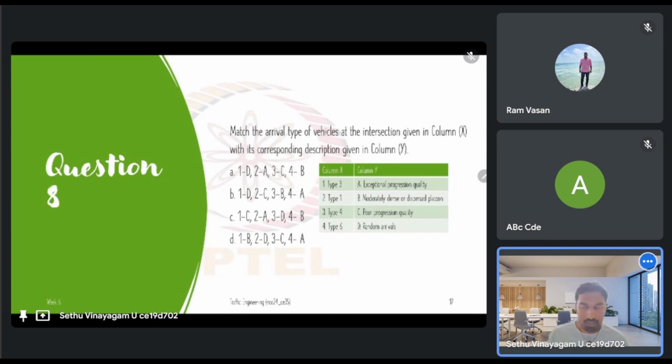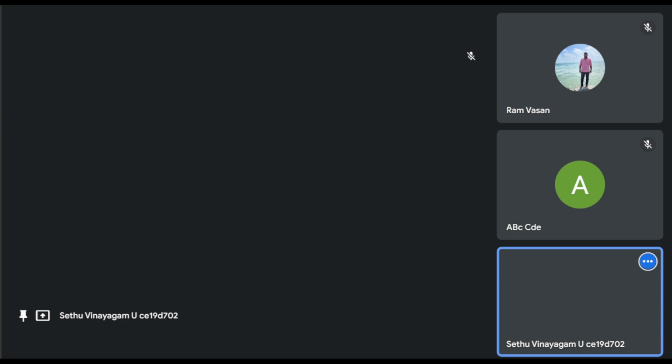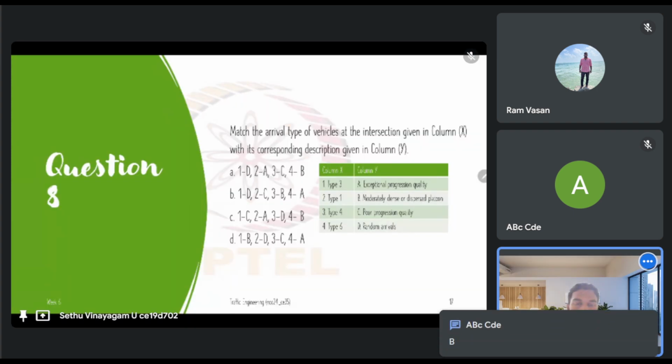You have to match the type with its description. Okay, option B.